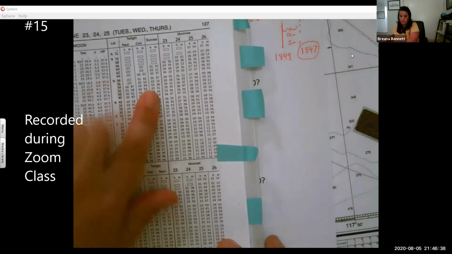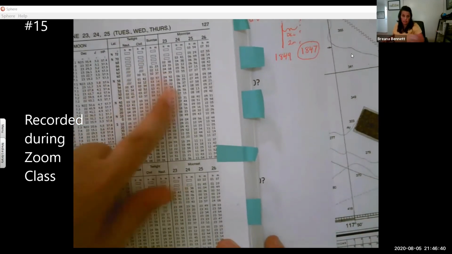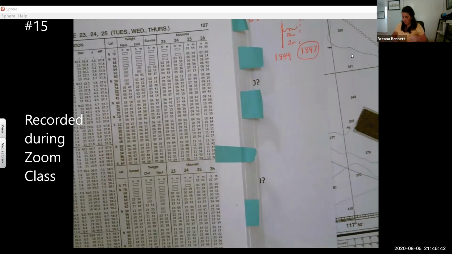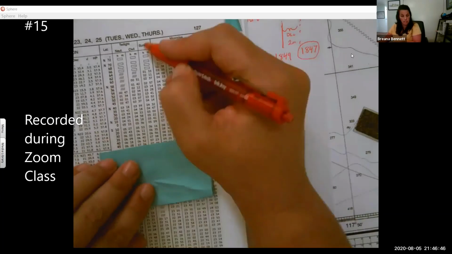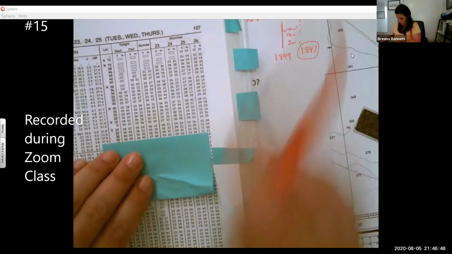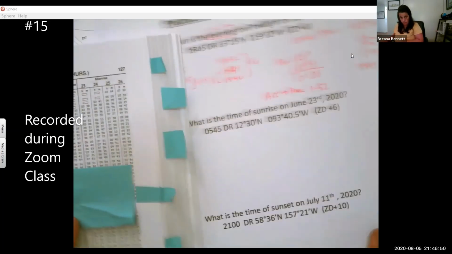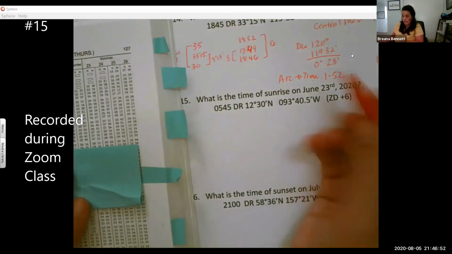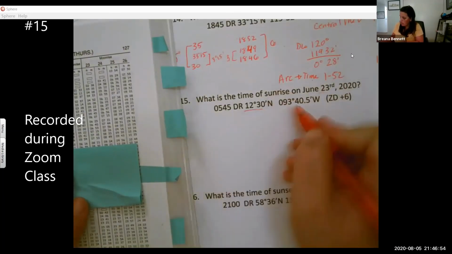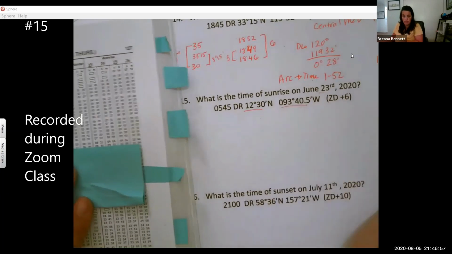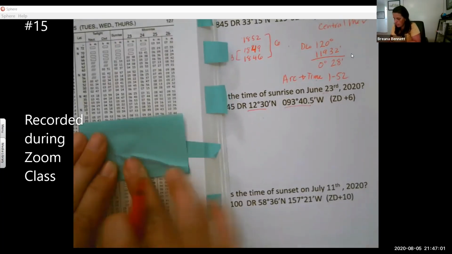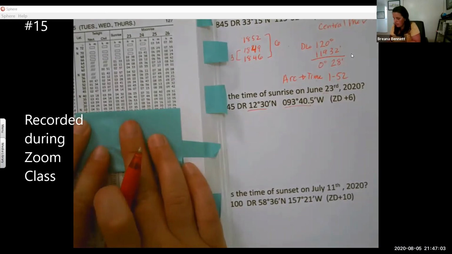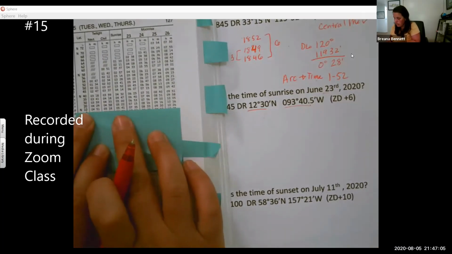Our sunrise is going to be in the top half here, and we're doing solid sunrise, it says. We have a DR latitude of 1230, and then we have 93. So we are in a pretty low latitude. We have 10, and then we have a 20.